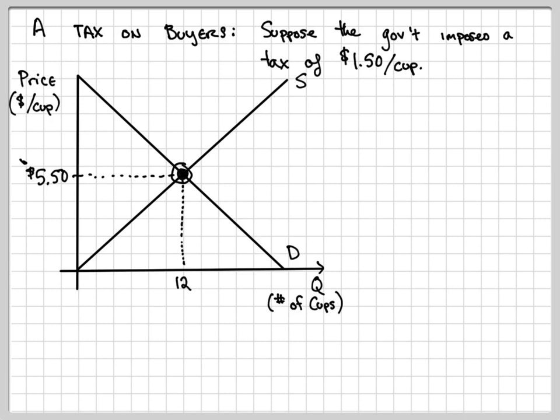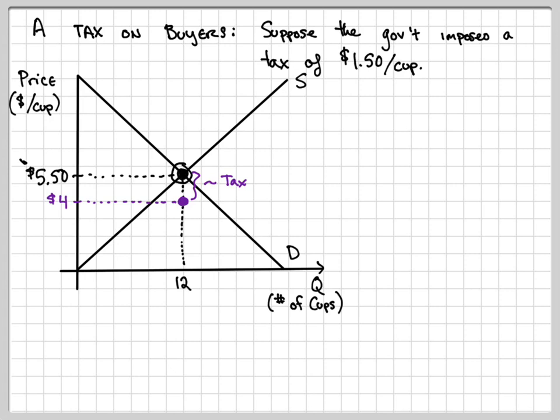So in other words, if after the tax, and I'll draw the after tax in purple, I want to buy the same cup of coffee as before the tax, then the price of coffee has to drop by $1.50. So now this price, in order for this buyer to buy 12 cups of coffee, the price would have to fall to $4. And the difference between the two is the tax. And this is true at every quantity.